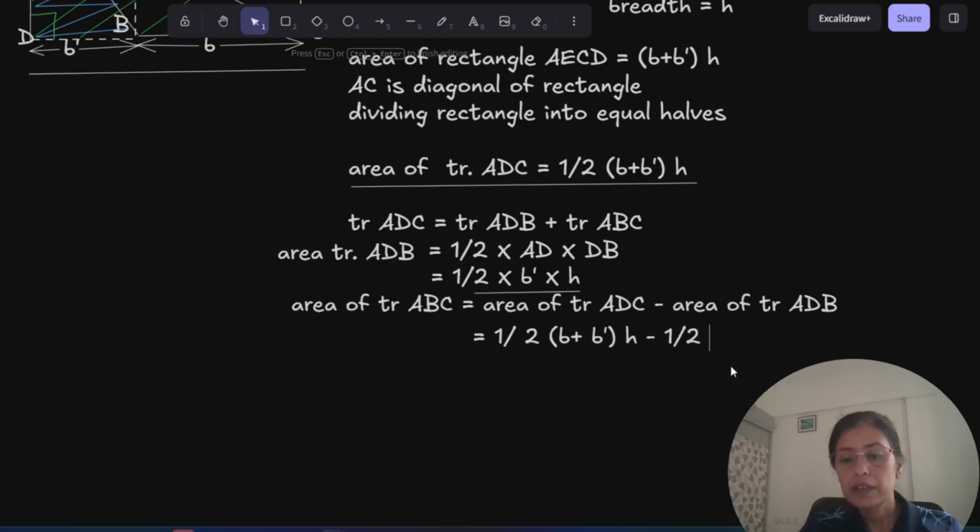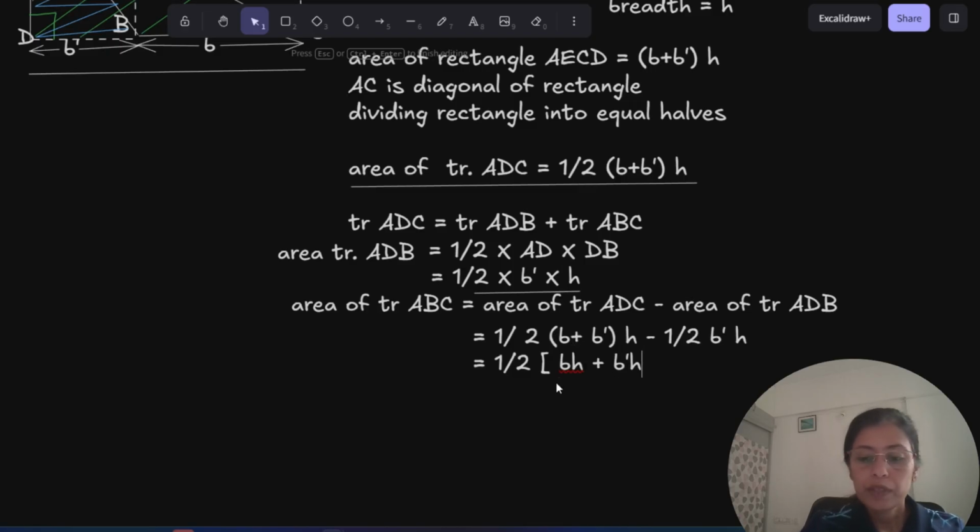So I'll write here half of B dash into H. Now I'll take what is the common things, half I'll take out, and then we expand it, multiply B into H, BH plus B dash H minus B dash H, and this is going to give you half of B dash H, and B dash H cancel to get B into H.